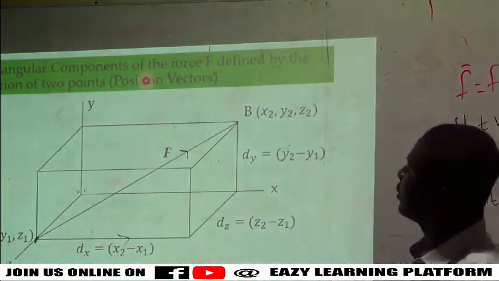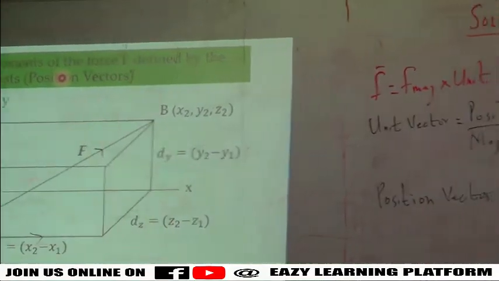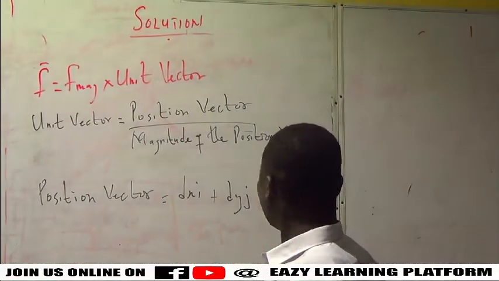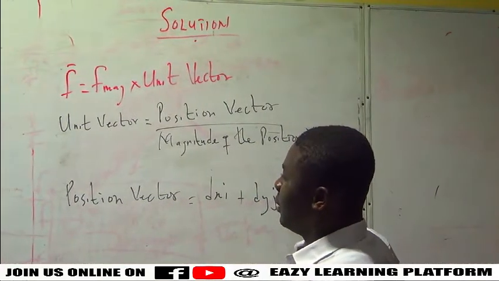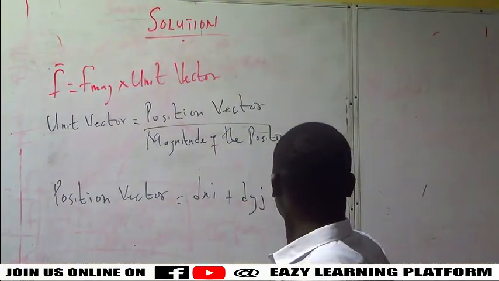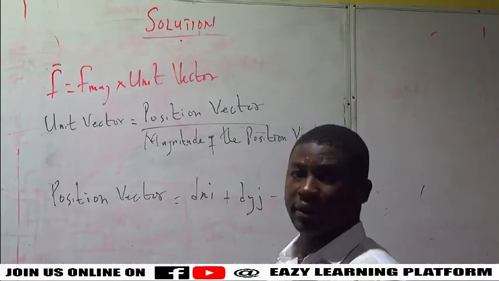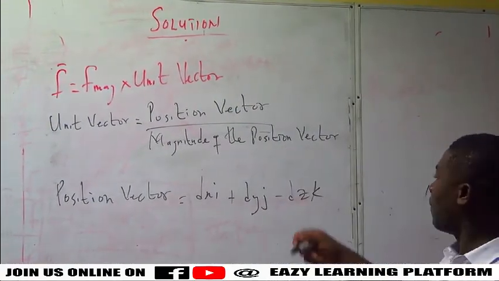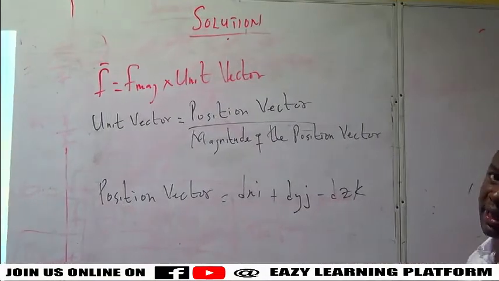So that means I'm going to have minus dzk. That will give me my position vector.